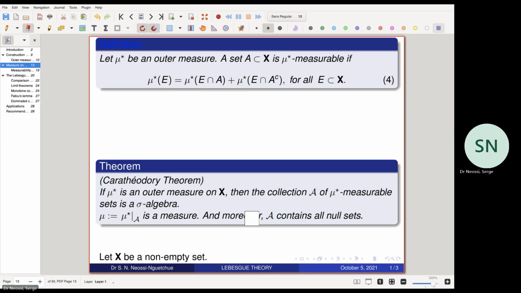In other words, if we define our calligraphic A, that's a definition, to be the set of A, subset of X, such that A is mu star measurable, then this set is a sigma algebra.